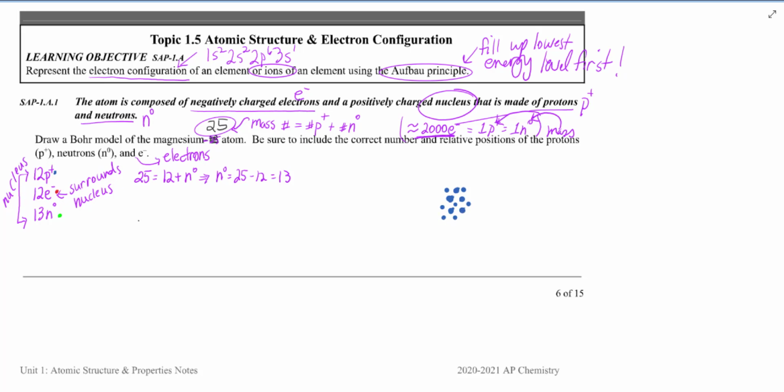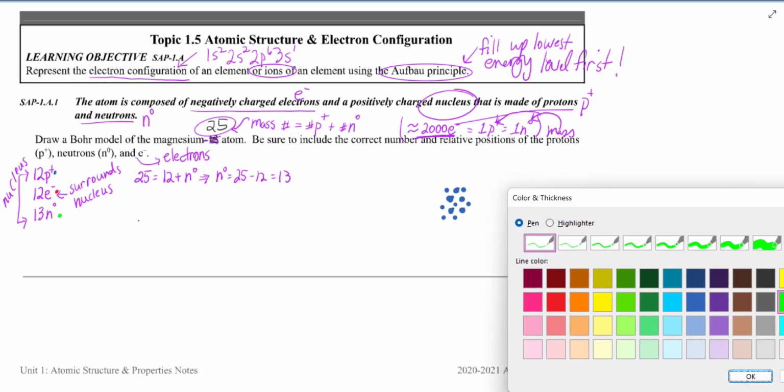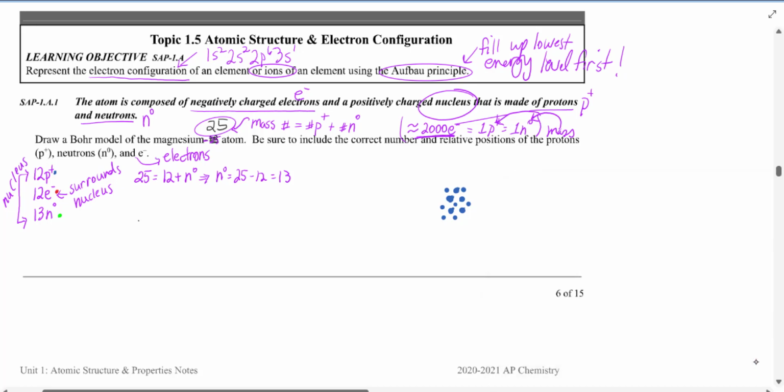Now we'll do 13 neutrons. One, 2, 3, 4, 5, 11, 12, and this is about 13, so we'll just pretend.